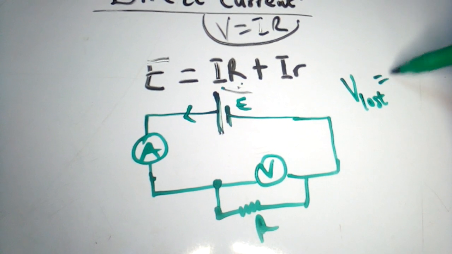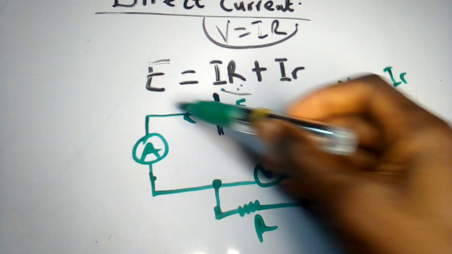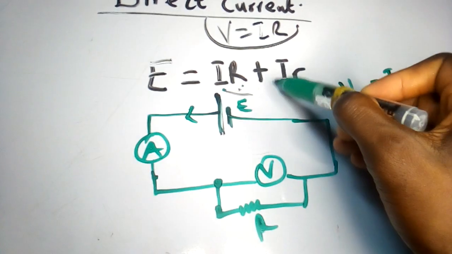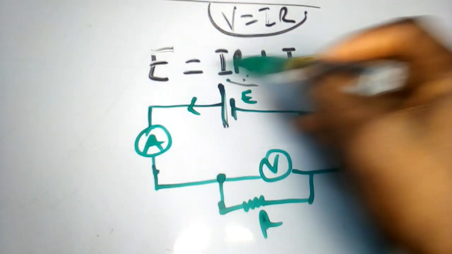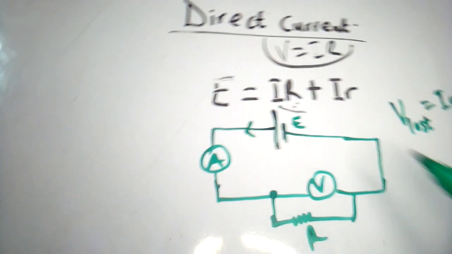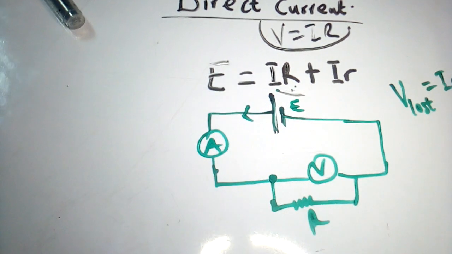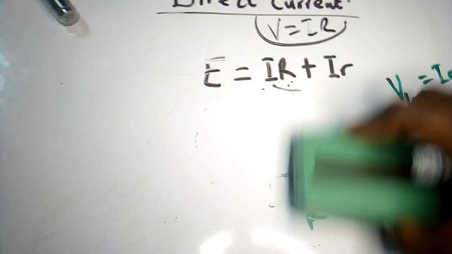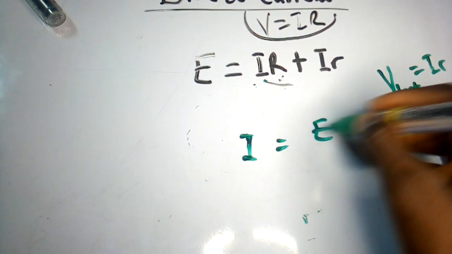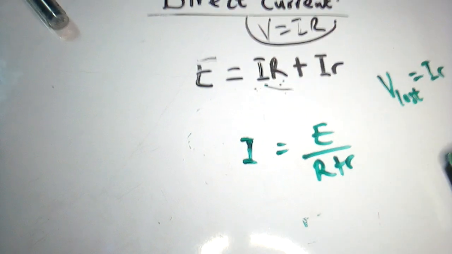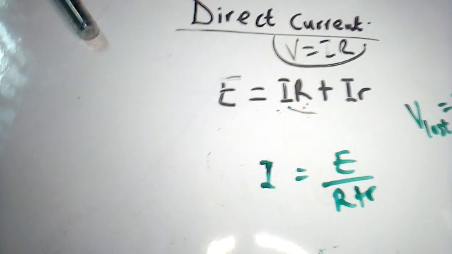So this formula is just the lost voltage plus the one that could be recorded on the voltmeter. This is the relationship between them. If you factorize I, you get a relation like I equals E over R plus r. So that is another relation you could get from that.